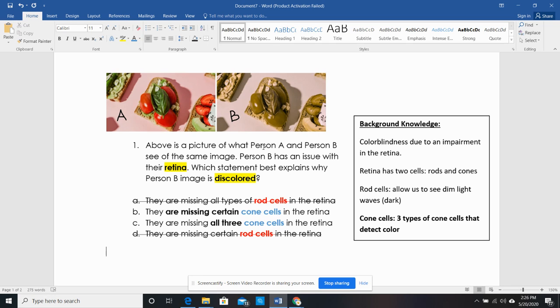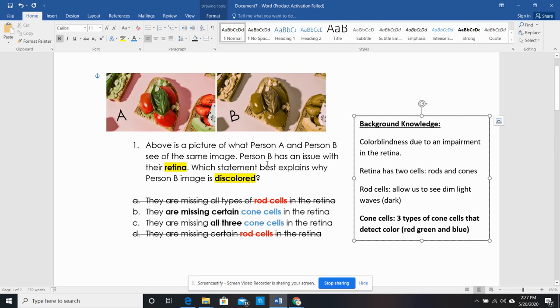Well, I remember that there was 3 types of cone cells. Do you remember what color cone cells we have? If you said red, green, and blue, then you are correct. So looking at this picture, I want you to ask yourself, does person B see any red?